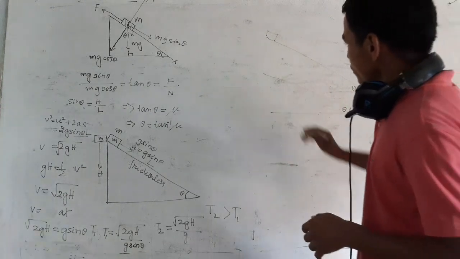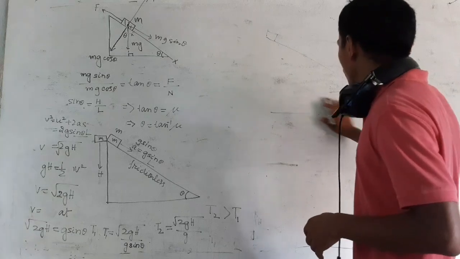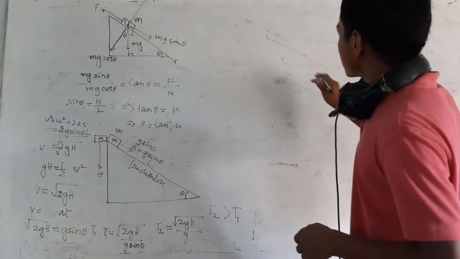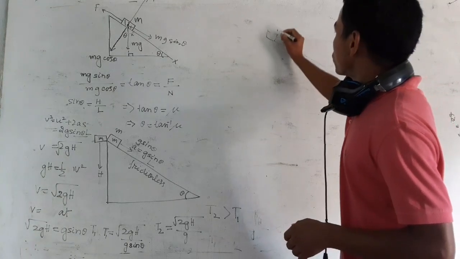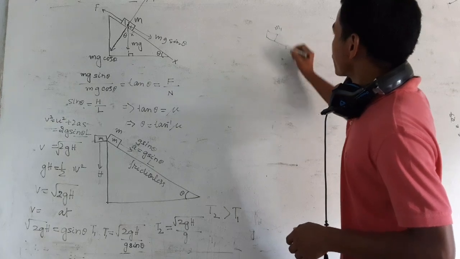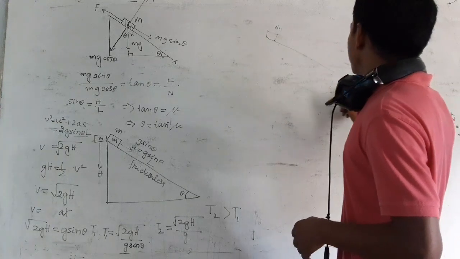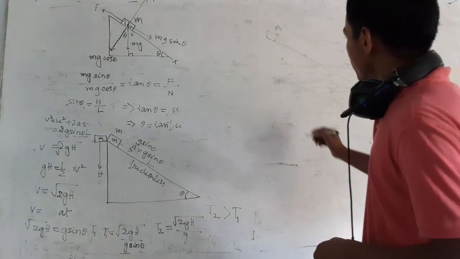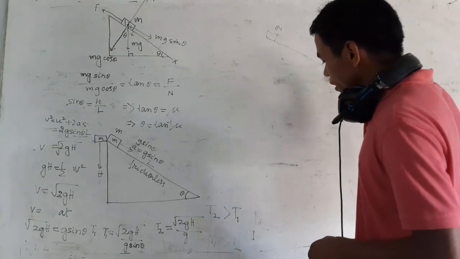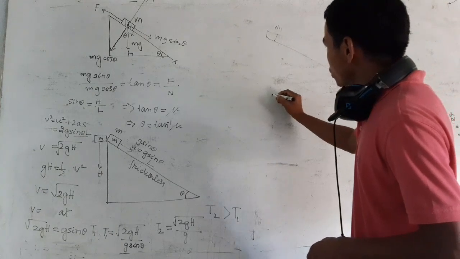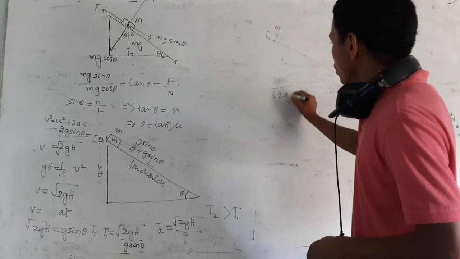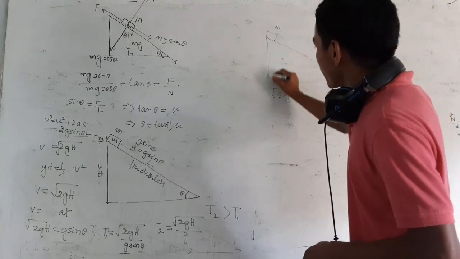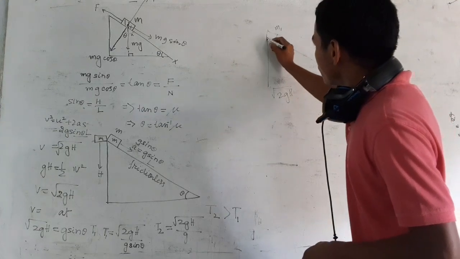I made a block of mass m1 slide down an inclined plane first. Then it takes the time. It hits the ground with the final velocity equal to root over 2gh, where h is the height of the initial point.